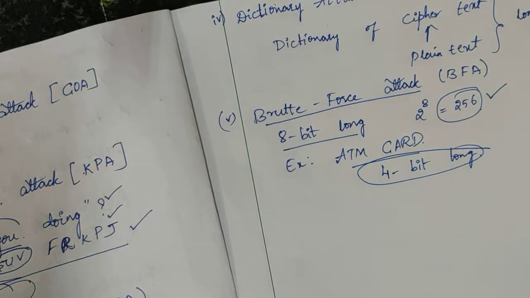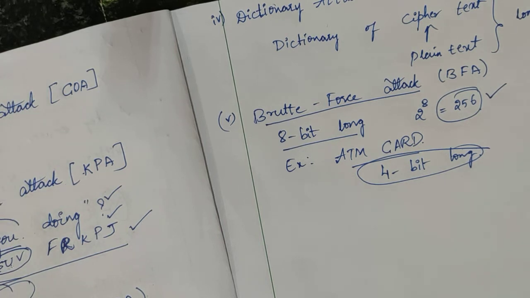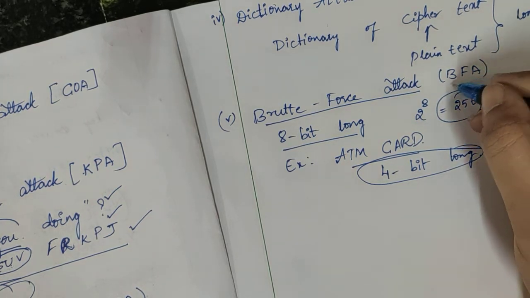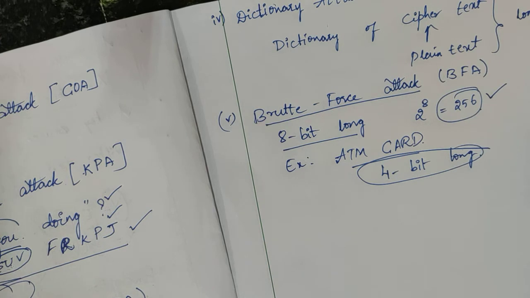Four digits means the possibilities may be fairly few, and the attacker can try one after the other. He will have the encryption algorithm, he will have the ciphertext. Since he knows that there are only a limited number of possibilities, he can do a trial and error method in order to find the plain text. This is nothing but a brute force attack.